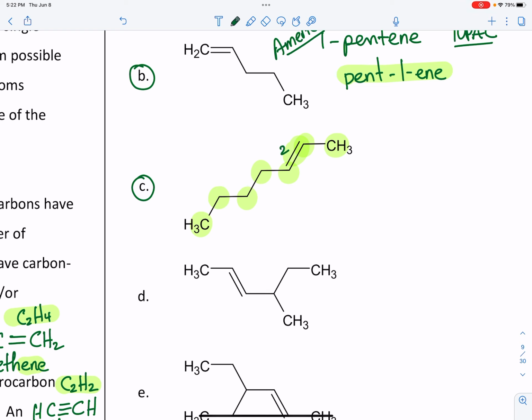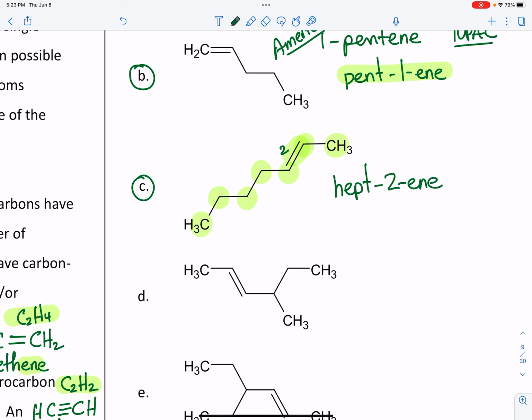So with 7 carbons, heptane comes to mind. It's an alkene, so heptene is going to be the actual name. An American would call it 2-heptene, but according to IUPAC rules, we'll say hept-2-ene.